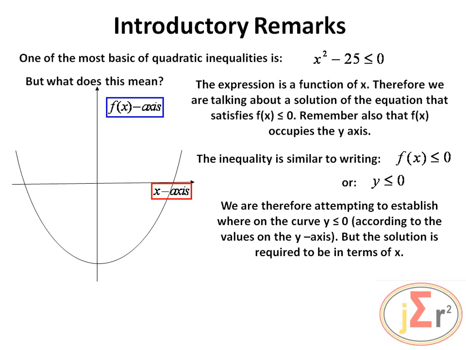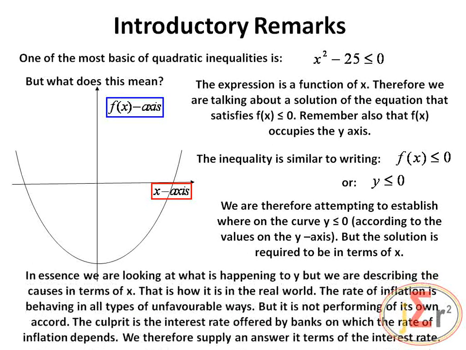So our investigation should be taking into account what is happening to the interest rate that is offered by banks. In essence, we are looking at what is happening to y, which is of course our rate of inflation. But we are describing the causes in terms of x, which is of course the interest rate that is going to be offered by the banks.